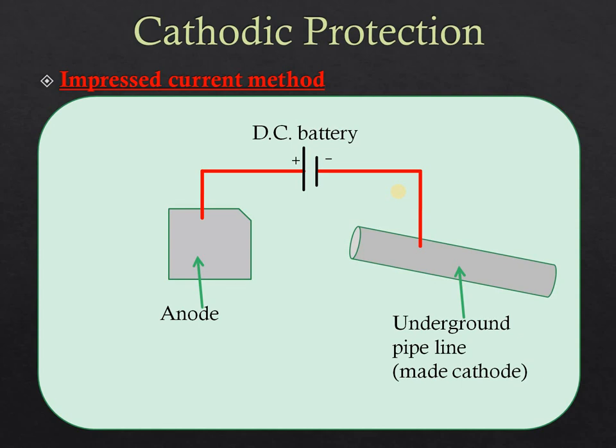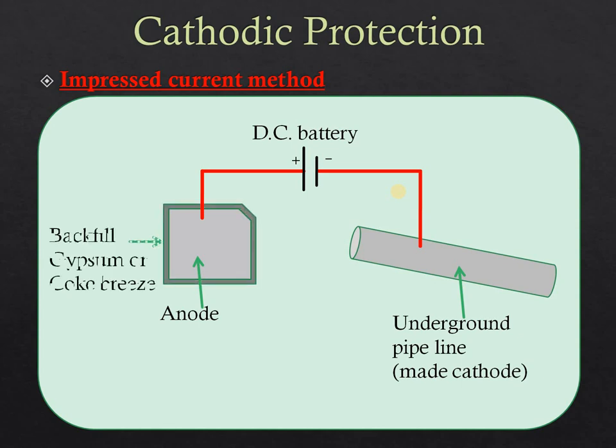The anode is always covered by backfill made up of gypsum or coke breeze. Here the underground pipeline will act as a cathode and will be protected from corrosion.